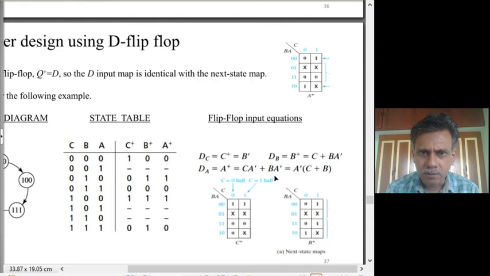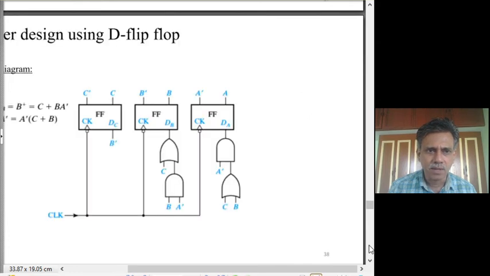The other one has to be C A bar. So if you look at this one, we are covering these two. There are many ways of doing that one. That is why you are getting this expression. So now A bar can be taken common. We have C plus B.